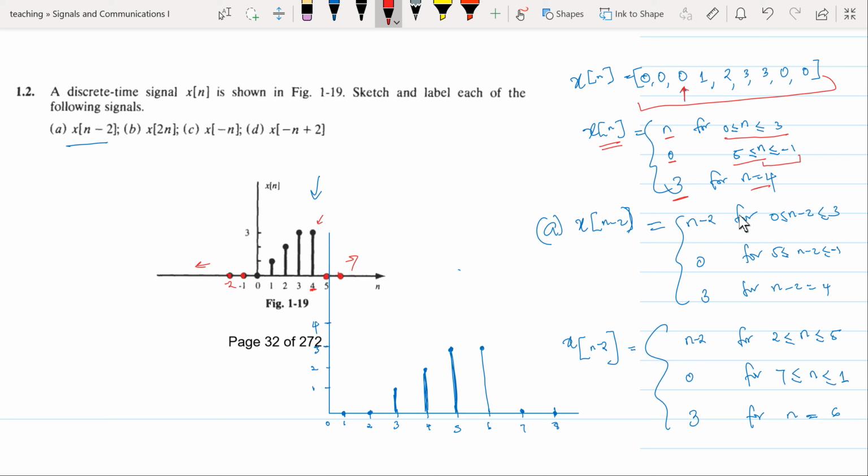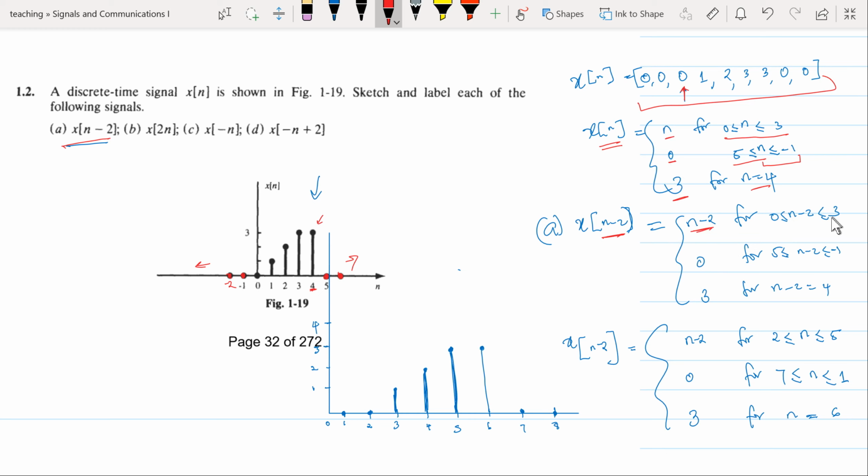And for that reason, we can now evaluate x of n minus 2. All we do is to introduce n minus 2 everywhere n was. We had said that in the first place x of n is equal to n, therefore it will be n minus 2, and the range changes from 0 to 3 to 0 to 3 for n minus 2.